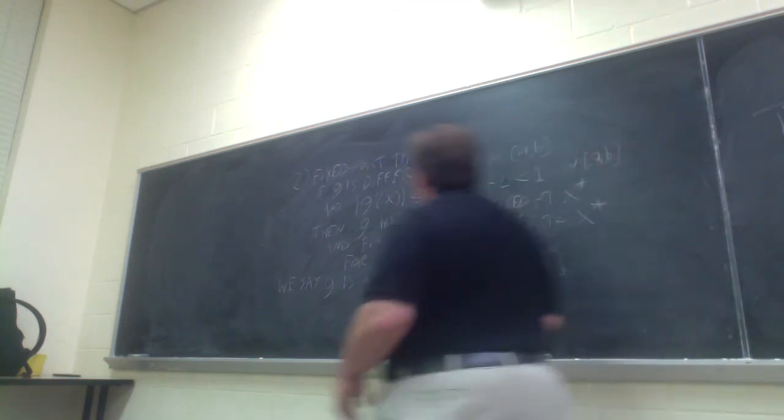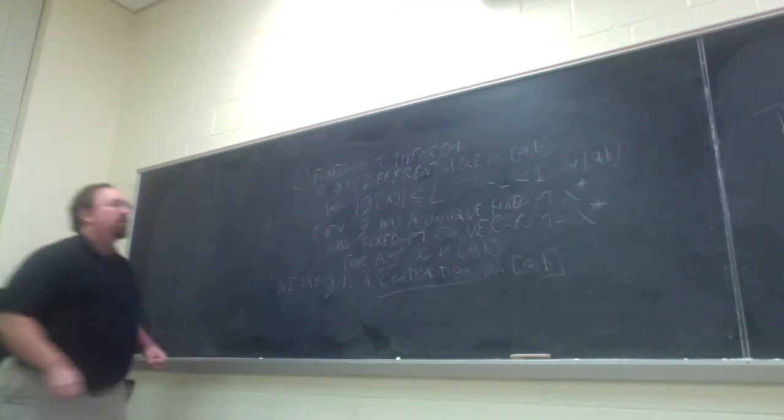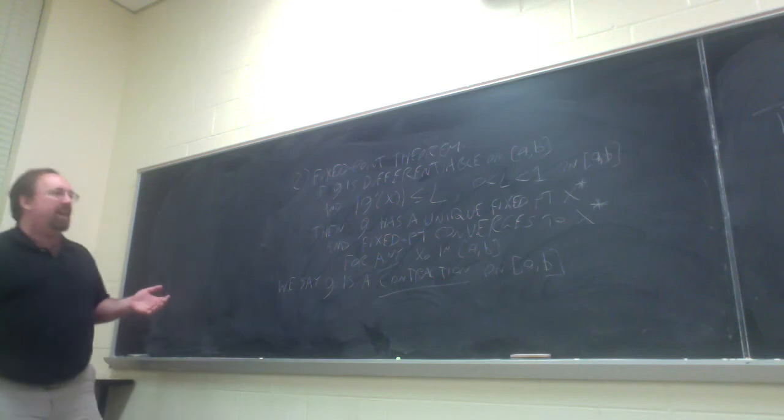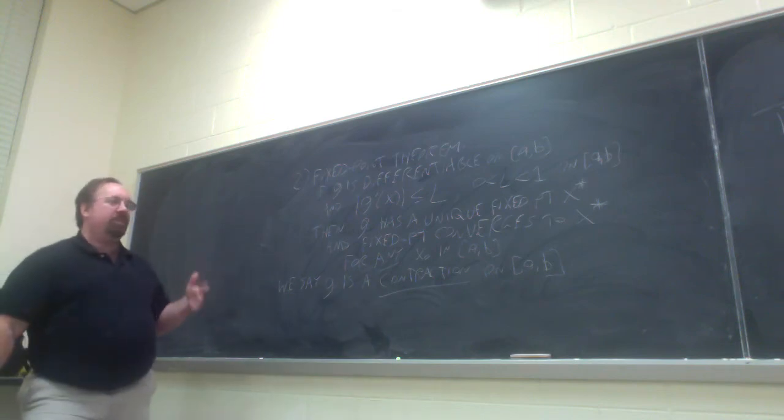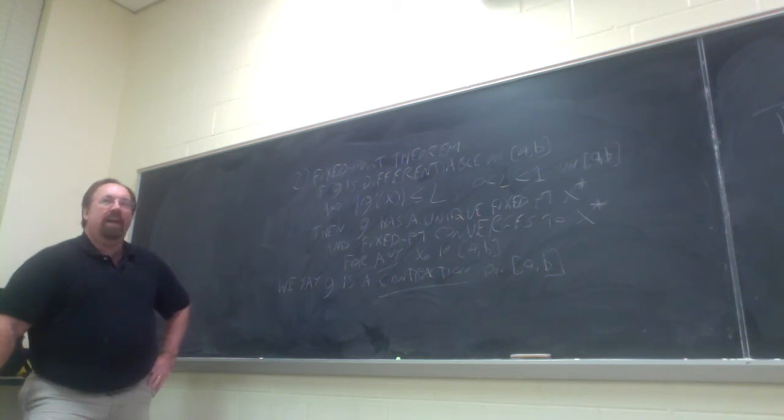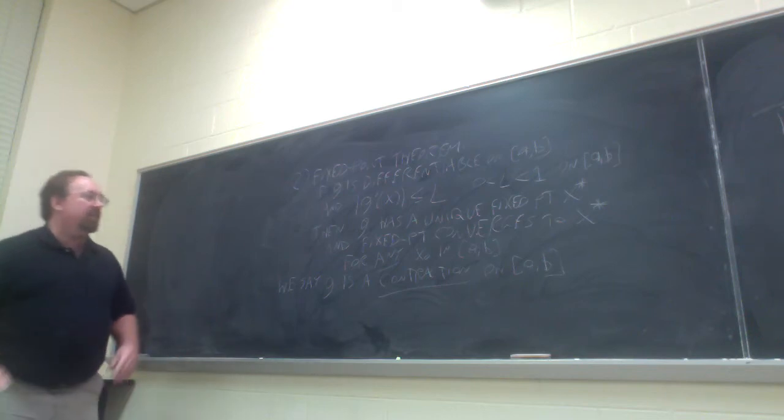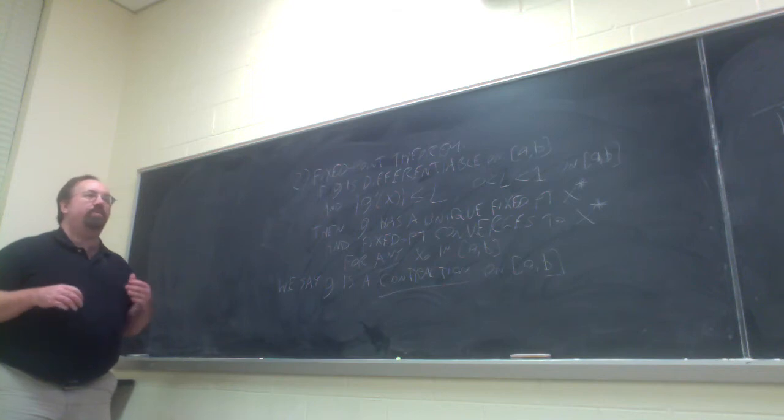So why couldn't I have just stated that? The reason why is that would allow g prime of x to get arbitrarily close to 1. And if that is allowed to happen, it may well be that the fixed point iteration will fail to converge. Essentially, the error is going to remain stationary from one iteration to the next. It may not necessarily go to 0.